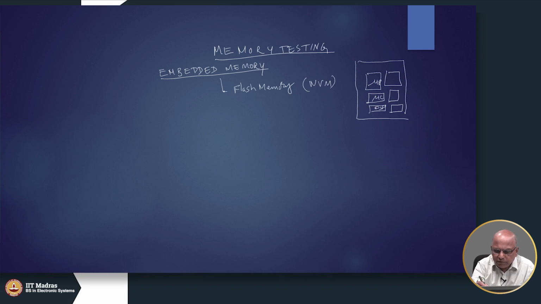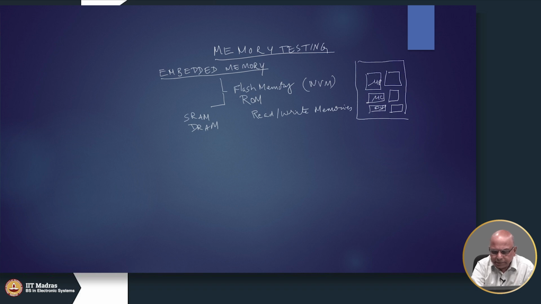We also frequently integrate SRAMs and DRAMs. These are read-write memories. We may also integrate ROMs or read-only memories for storing tables and the boot code and things like that.